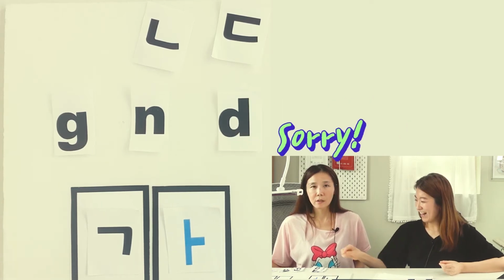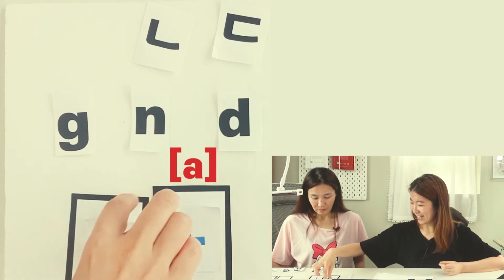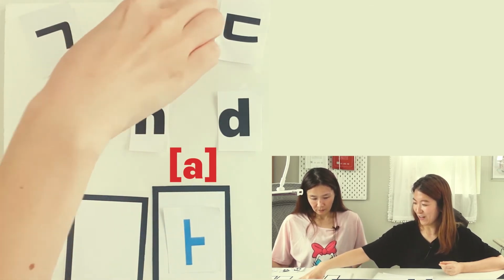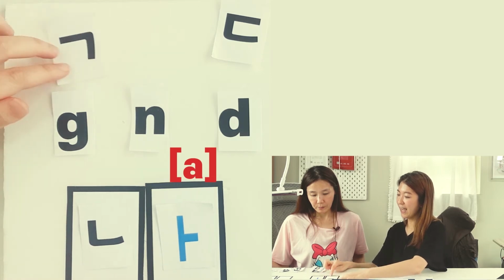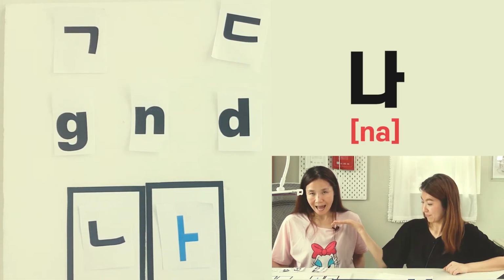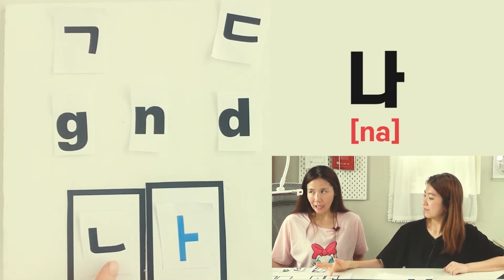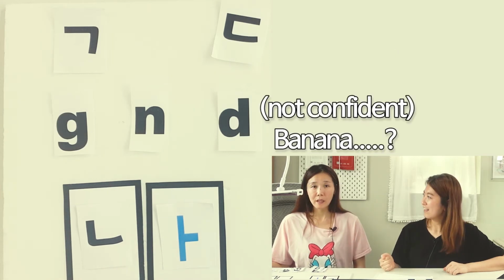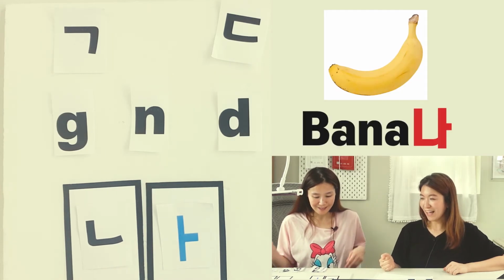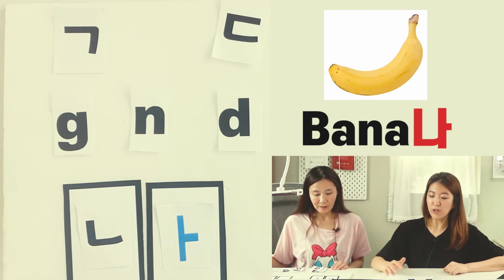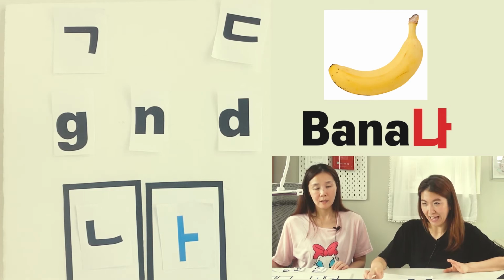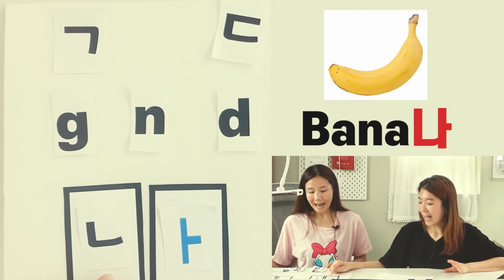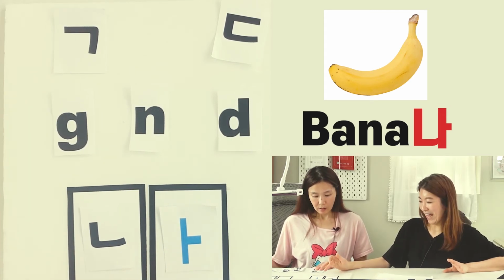Okay, then let's change to another consonant. 니은 has N sound, so it's na. Banana. Yeah, banana. When you say banana, the very last syllable should be na. So it is na for banana.